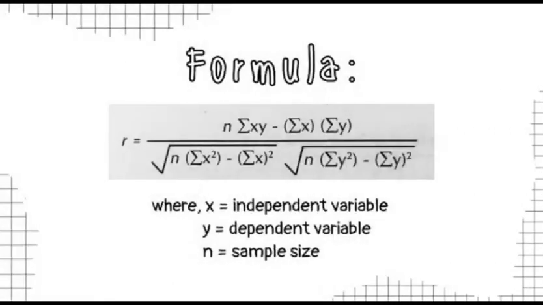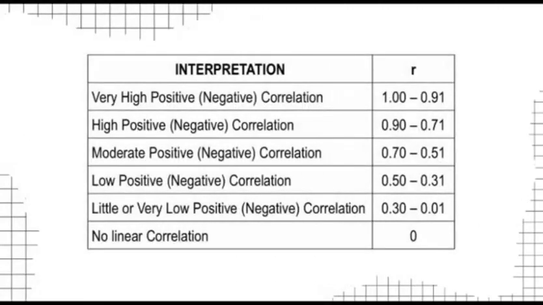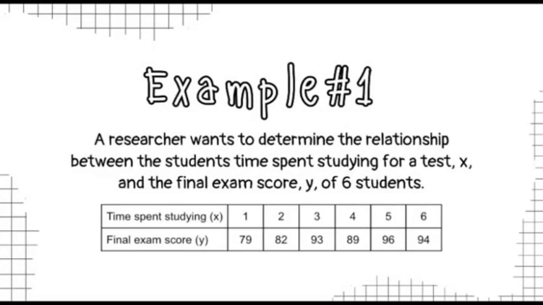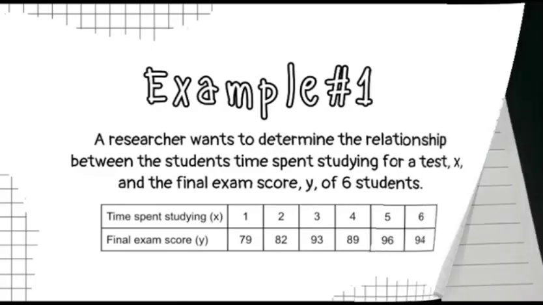And here's the formula where our x is the independent variable and our y is the dependent variable and our n is the sample size. And also, here's the interpretation of correlation. For example number 1, a researcher wants to determine the relationship between the students' time spent studying for a test and the final exam score of 6 students.